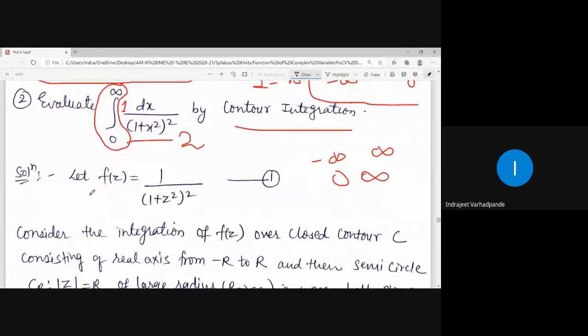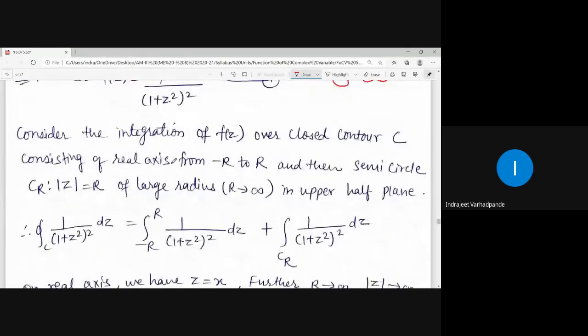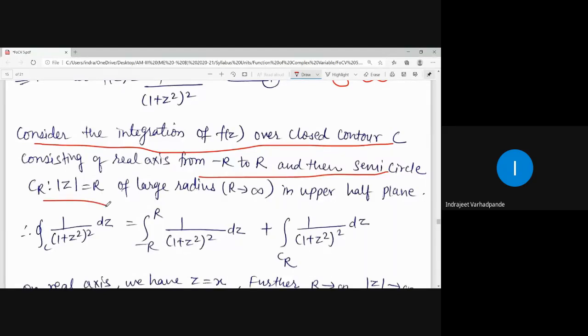So take this as f of z equal to 1 upon 1 plus z square whole square, which is equation number 1. I told you that these sentences are to be written in every example. Consider the integration of f of z over closed contour C consisting of the real axis from minus r to r, then semicircle CR, mod z equal to r, of large radius r tending to infinity in the upper half plane.